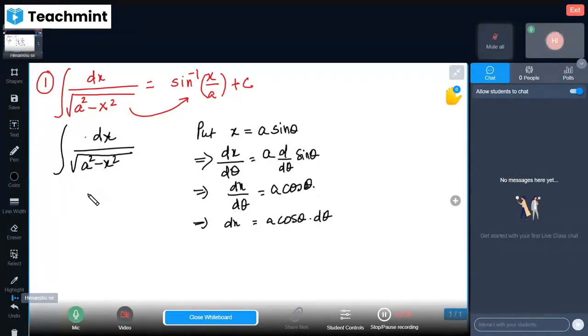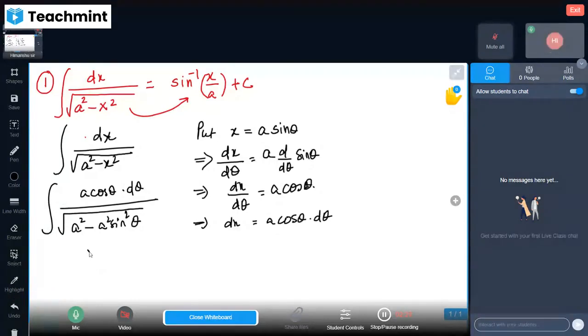So in place of dx we can write a cos theta d theta, and here it is the square root of a square minus a square sine square theta, because x is a sine theta.